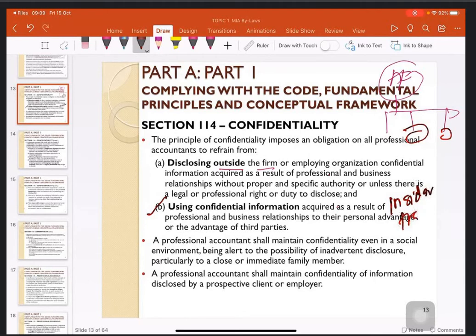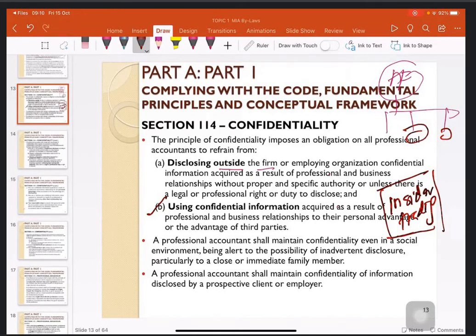Have you heard the word insider trading? If you read corporate finance, you have heard it, right? It means that we get the information before others do. So even though you get the information before others, you cannot use that information for your own advantage or benefit, okay?